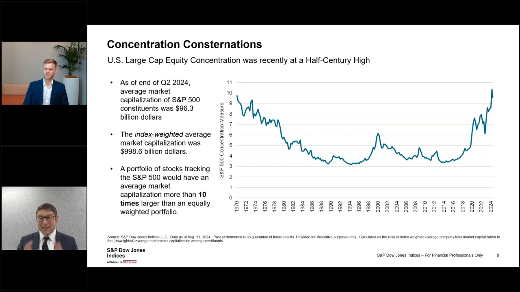Yeah, so that's it, sorry, go on, Tom. No, I was just going to jump in. One thing I find quite interesting, that second statistic there, the index weighted average market capitalization is almost $1 trillion. And the reason this piqued my interest is people might have seen last month in the news that Berkshire Hathaway became the 9th public company ever to reach a $1 trillion market capitalization.